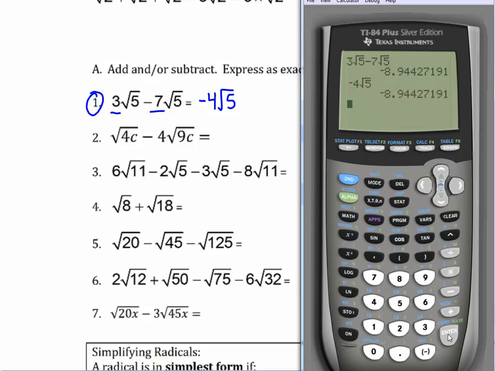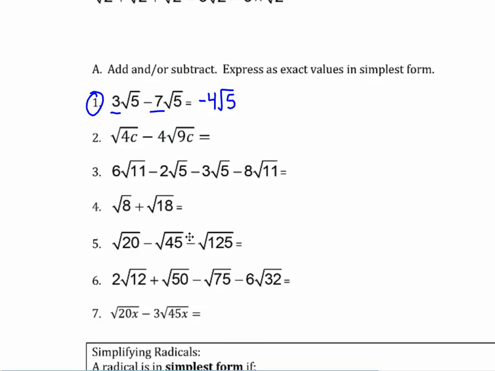So it's true. So right now, can we subtract number 2? Do they have the same radicand? No. Let's see if we can simplify then. What can you simplify in root 4c? It's a product of 4 times c. 2 square root c. Can you actually square root 4? Yeah, it's 2.